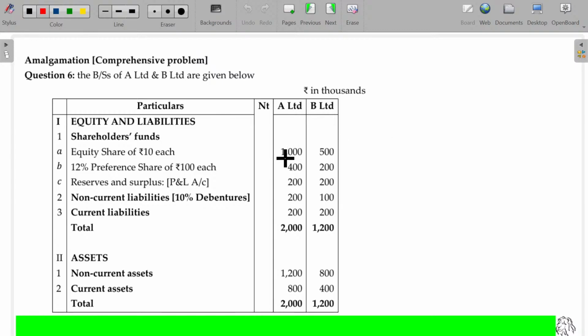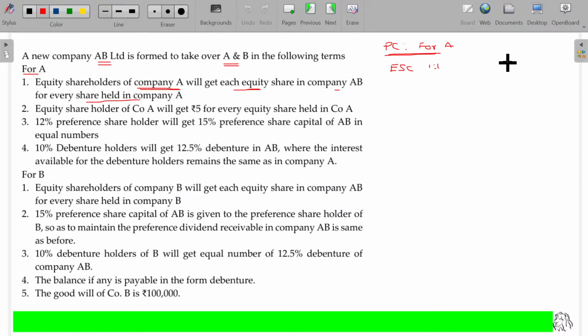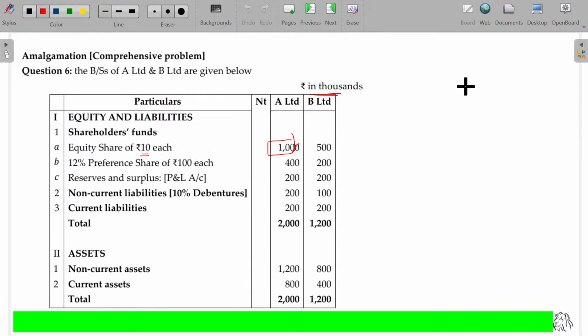How many shares are there in A? 10 rupee shares. Cut this. So 100 shares are there. In thousands, 100,000 shares are there. Here also 100 shares are going to be issued. Right. So then 1,000 rupees. Equity shareholders of company A will get 5 rupees for every equity share held in company A. Apart from that, they have offered bank cash balance also, 5 rupees per share. How many shares are there? 100 shares are there.